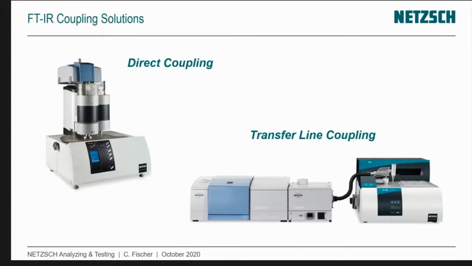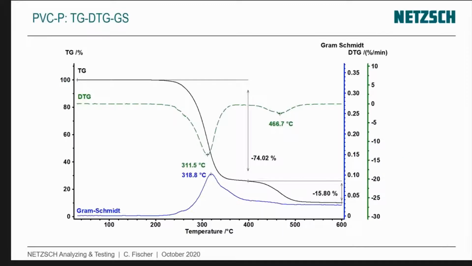However, the coupling can also be realized to the high-performance Bruker Invenio instrument over a heated transfer line and the connection to the external gas cell of the Invenio instrument. You see here on the right. So let's come to the investigation of plasticized polymer.